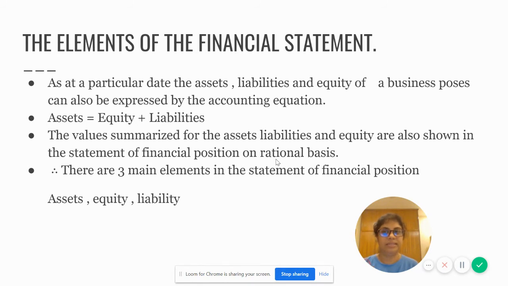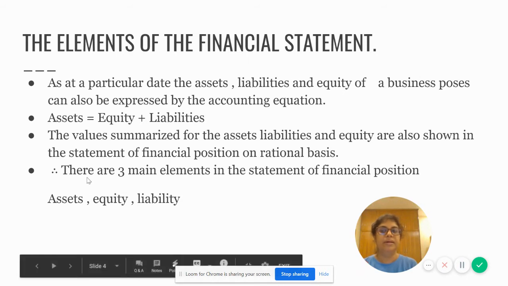So here, under the statement of financial position also, we are going to list out or show the mathematical relationship of assets equals equity and liabilities in a summarized manner by giving the values of them. Therefore, we can identify three main elements in the statement of financial position, namely asset elements, equity elements, and liability elements.